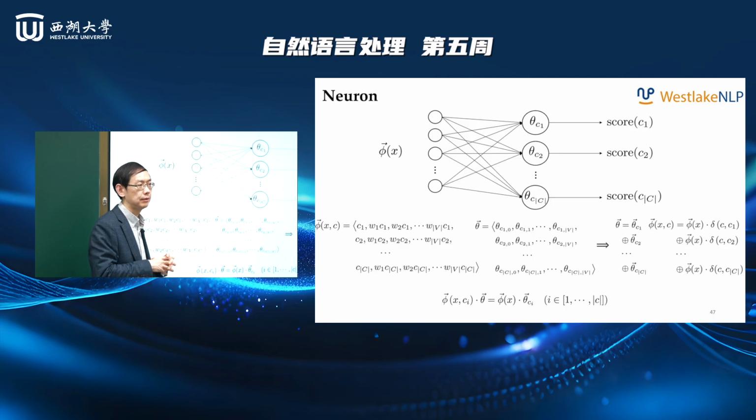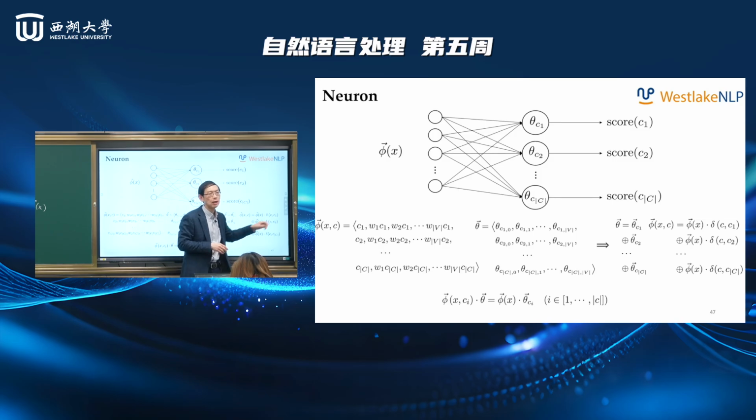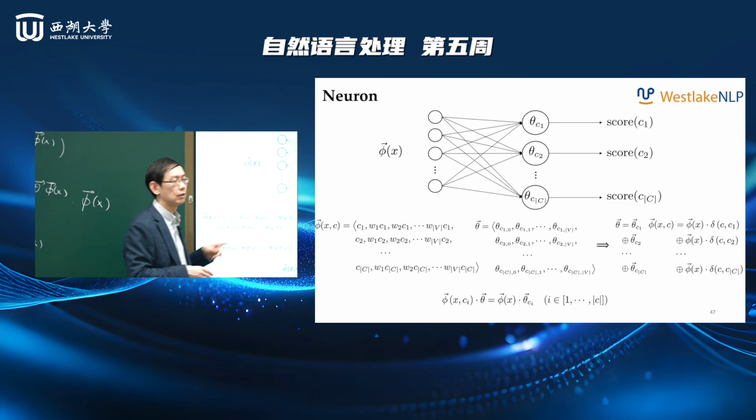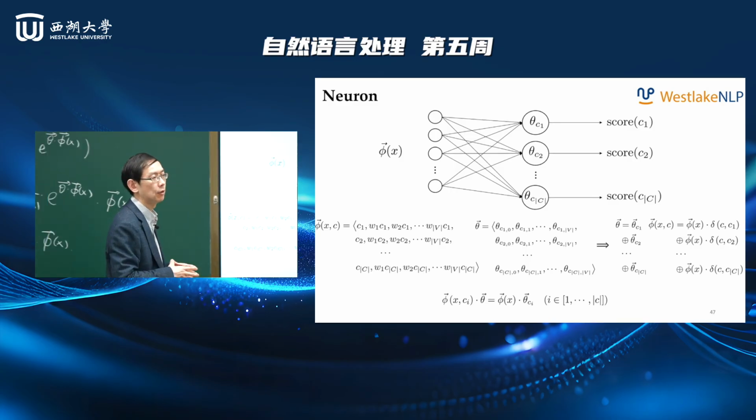A Kronecker delta function. What does this delta c1 mean? This delta c1 is equal to 1 if c is equal to c1, and 0 otherwise. So if phi x is multiplied by delta c c1, it exactly means the first row. When c is c1, only the first row is non-zero, and only those with the words in the document are non-zero. Similar for the remaining class labels.